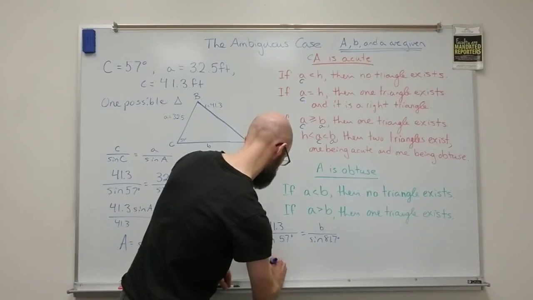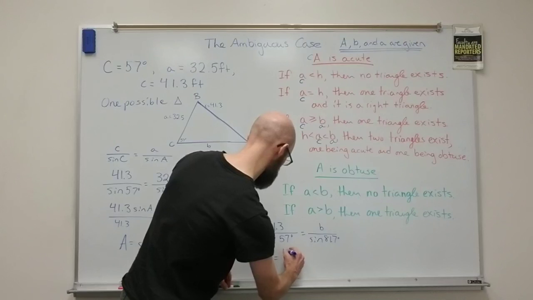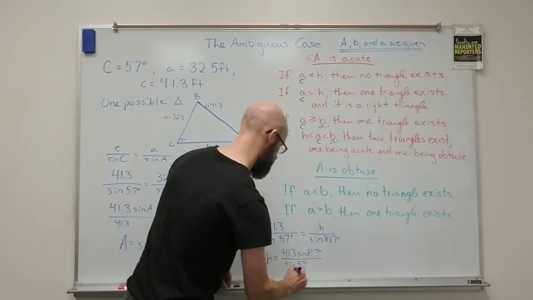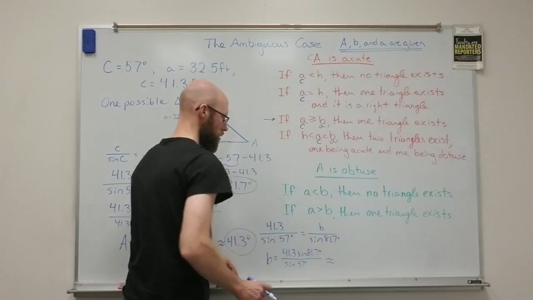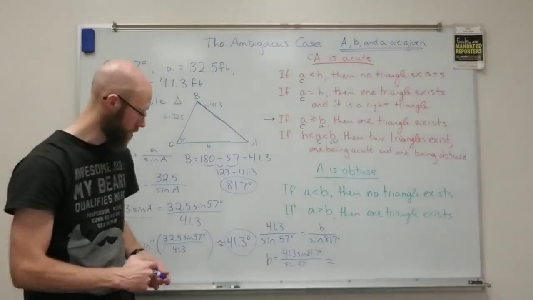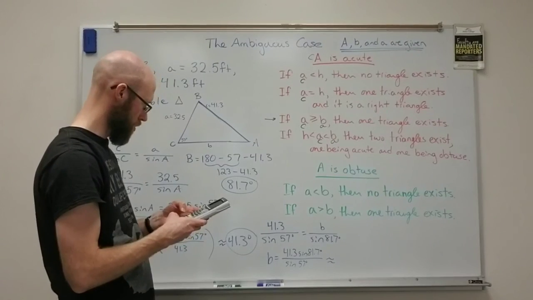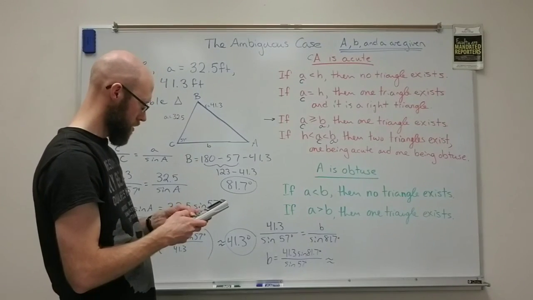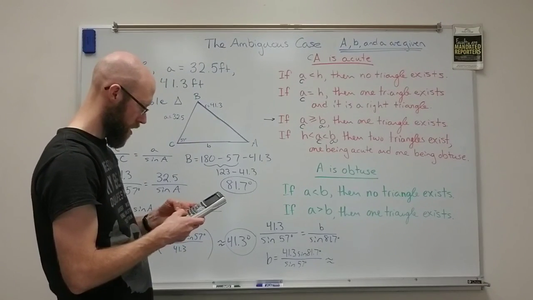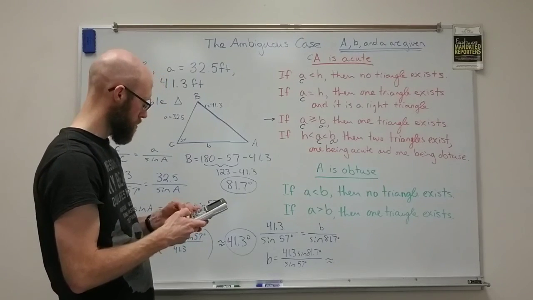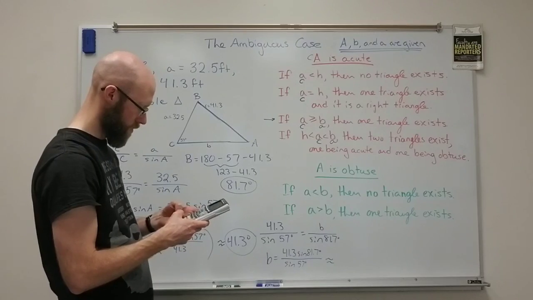And so B is going to be, I'm going to skip a couple steps there, just 41.3 times the sine of 81.7 all over the sine of 57. And of course, if I punch that in the calculator, round it off, 41.3 sine 81.7 divided by the sine of 57.